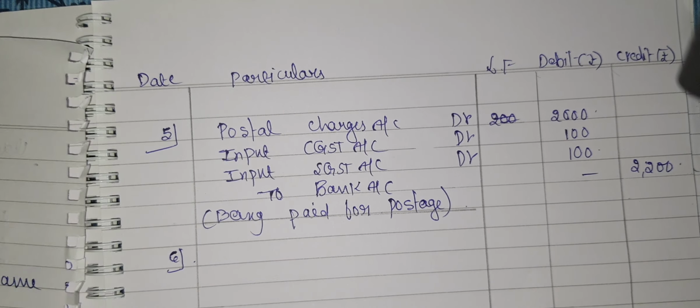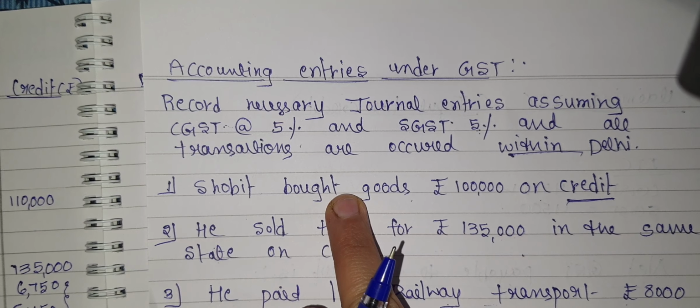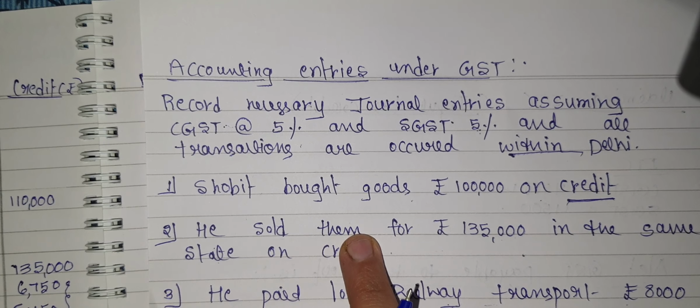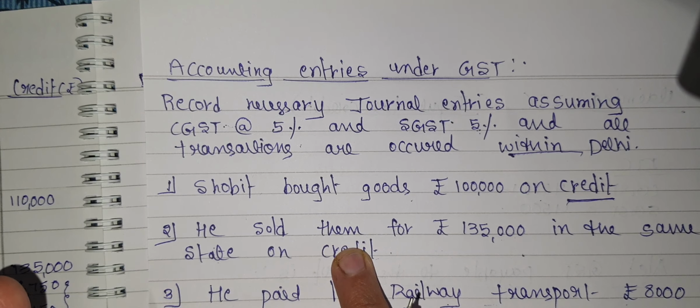Input GST means what we paid on purchases. And output GST means what the business collected from the customers, which does not belong to the business and must be paid to the government.